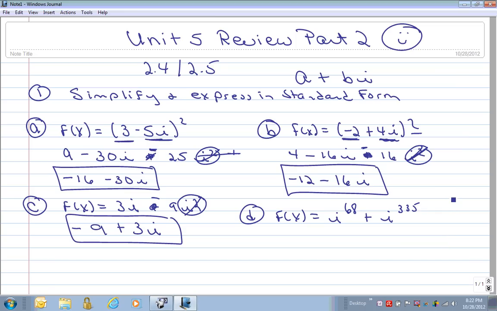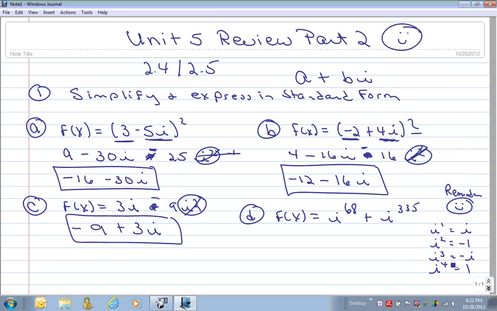This is kind of an important reminder. i to the first is i, i squared is negative 1, i cubed is negative i, and i to the fourth is 1. And then it repeats itself. So these come in fours, and in every fourth one it repeats itself. So i to the fifth would be i, and i to the eighth would be 1 again.